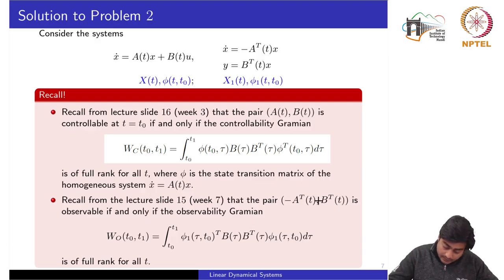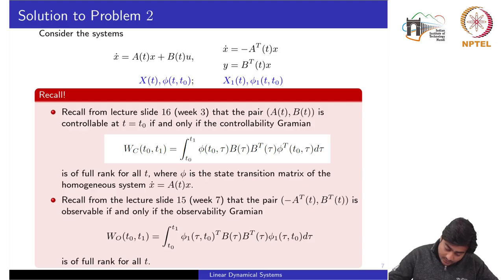Now the logical idea behind the proof is, if we are able to show that WC is actually equal to WO, and if we ensure that this is full rank, it is necessary that this would also be full rank. So this WC we have defined for the system 1 and WO for the system 2. We only need to show the equivalence of this WC and WO.